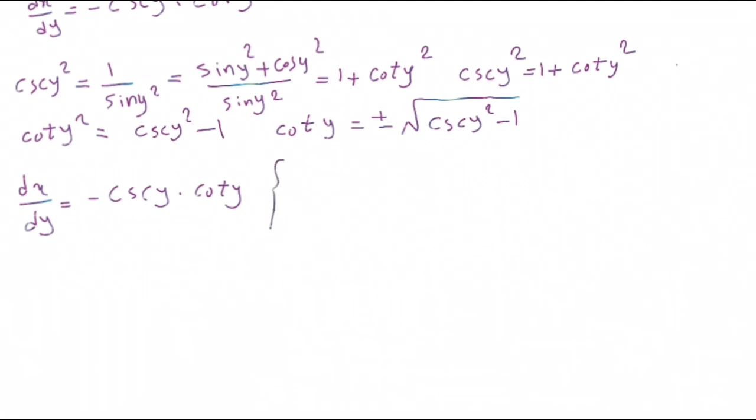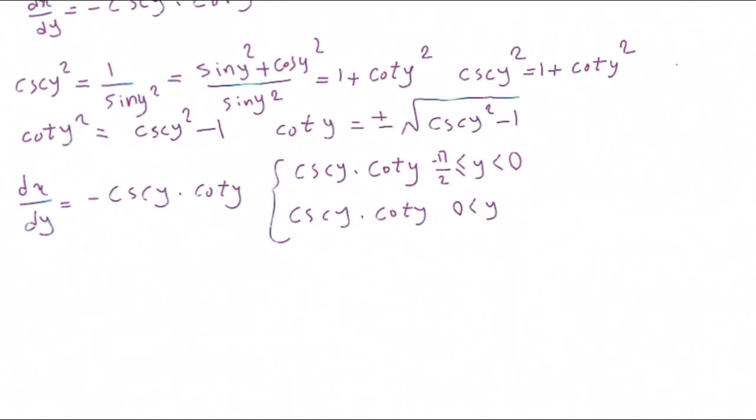So consider cosecant y times cotangent y when y is greater than or equal to negative pi over 2 and less than 0, and when y is greater than 0 and less than or equal to pi over 2.